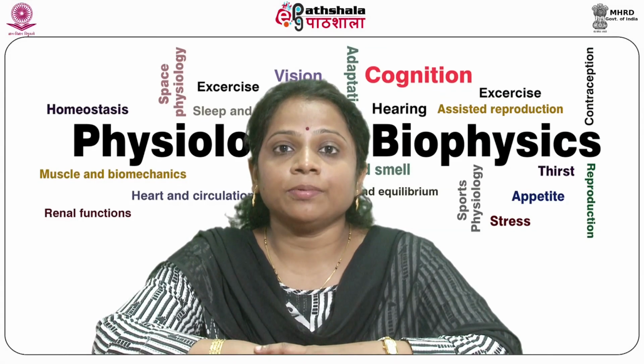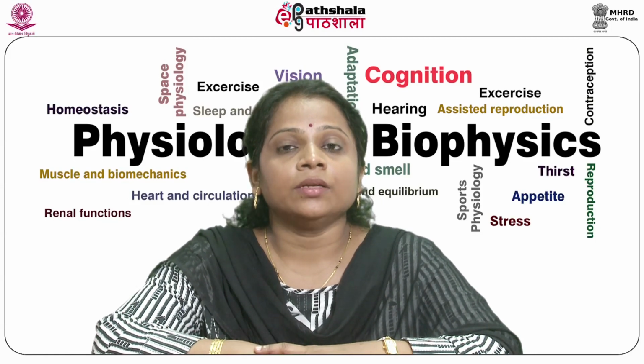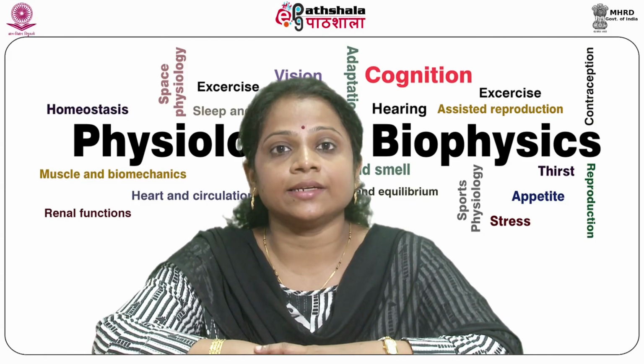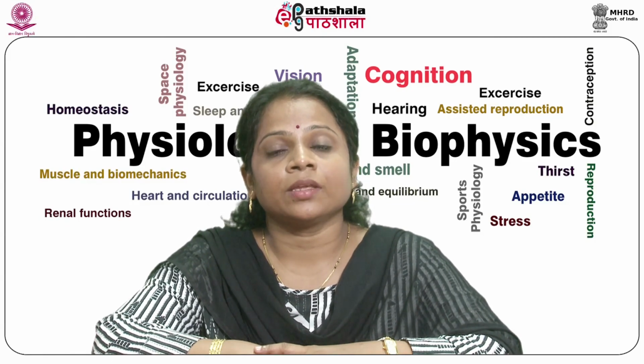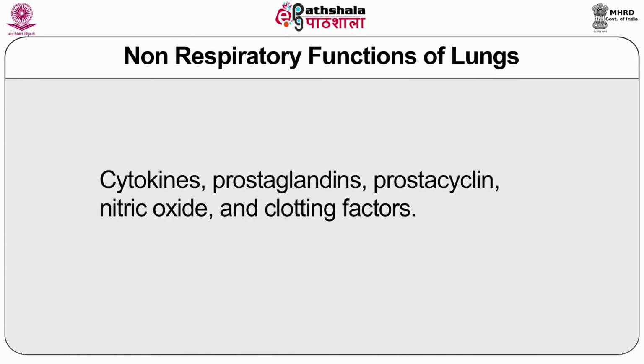Serotonin is metabolized by the endothelial cells after being internalized into the cell. Some of the substances that are synthesized and secreted by the endothelial cells include cytokines, prostaglandins, prostacyclin, nitric oxide and clotting factors.